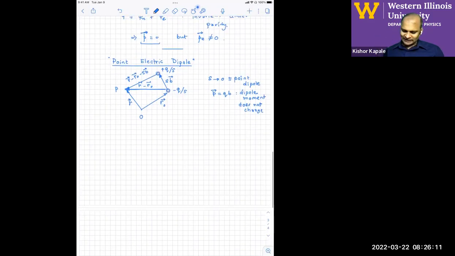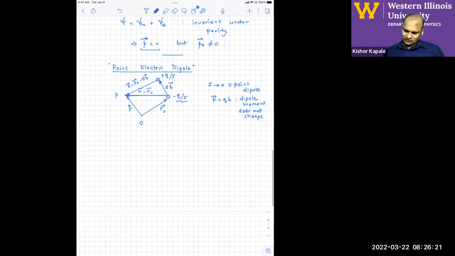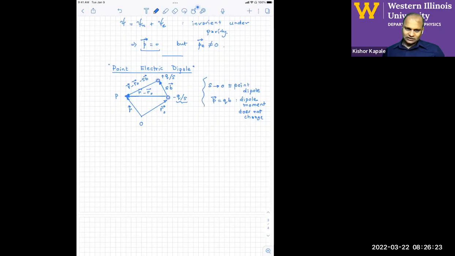And that's why we have this scaling of the charges themselves. As the distance decreases, the amount of charge increases. And that's what allows us to do this idealization.